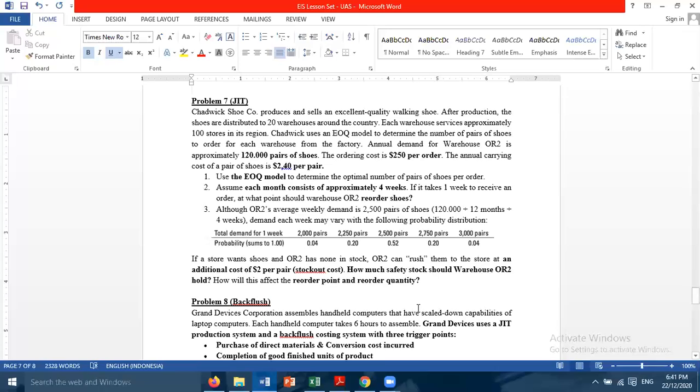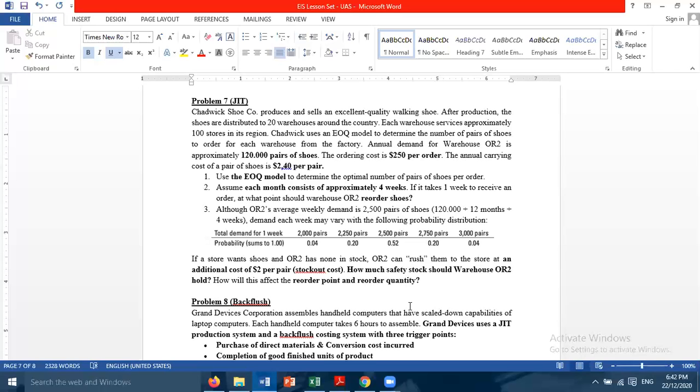Next, we have backflush costing. So what exactly is backflush costing? Backflush costing is the simplification of journal entries. Normally a journal entry in a manufacturing firm or in a production process can be divided into 4 stages. The first stage is the purchase of direct material and conversion costs.